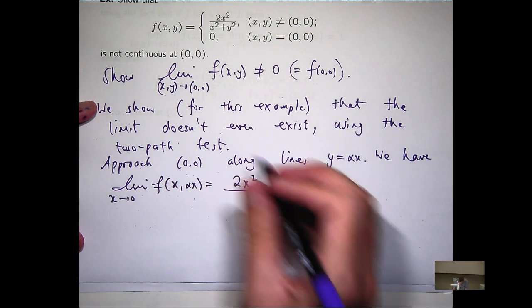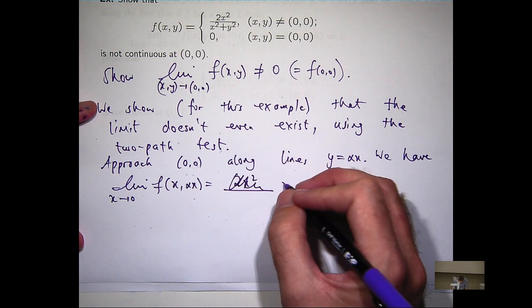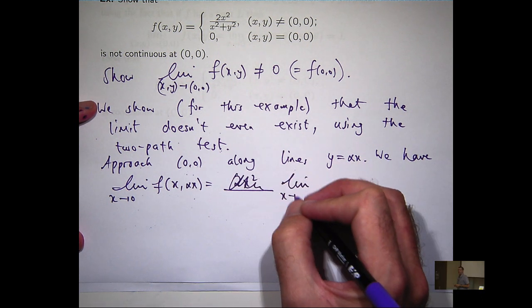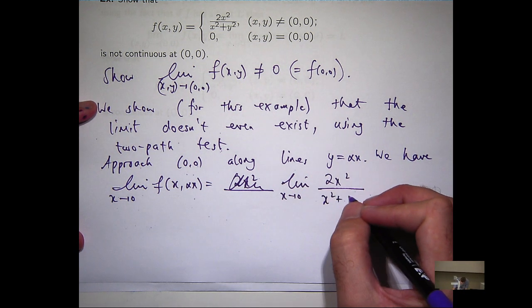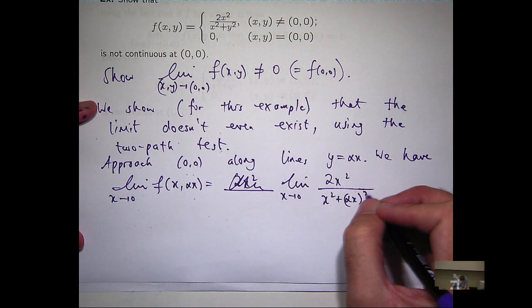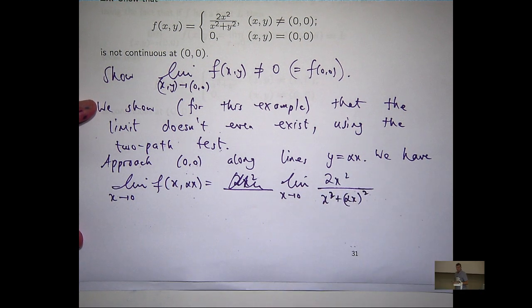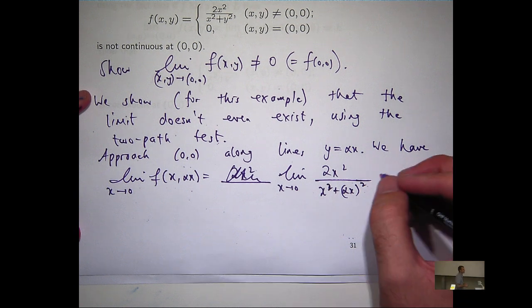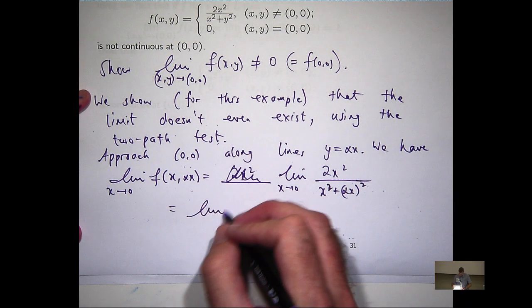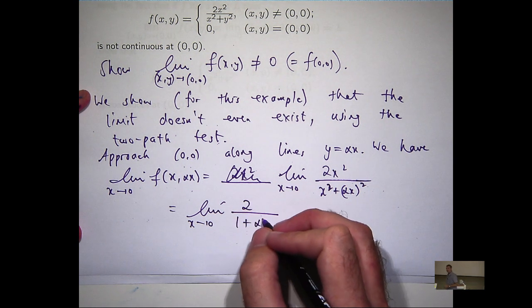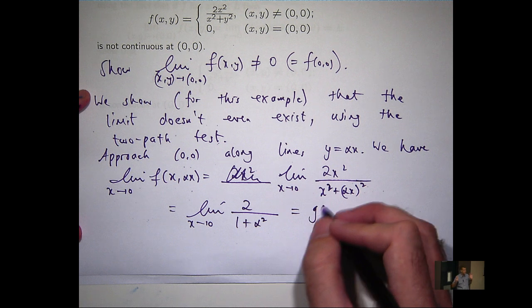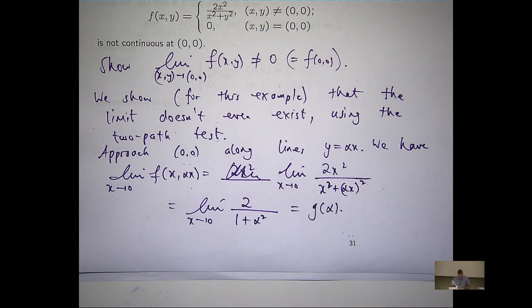And now you can see I can cancel off those x squareds. So I'm going to get something like 1 plus alpha squared, which is dependent on alpha. So if I go along different lines, as long as they're in the domain, I'm going to get different values for my limit. So the limit can't exist.